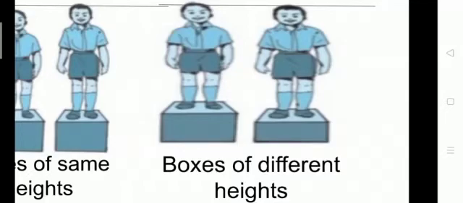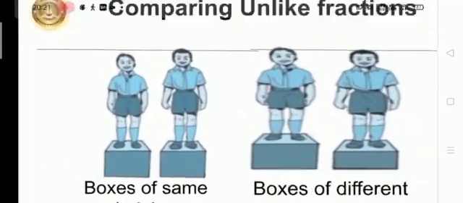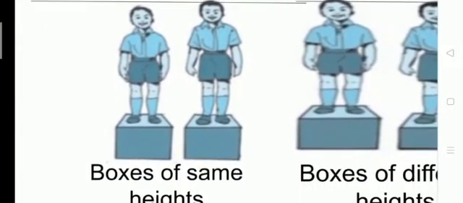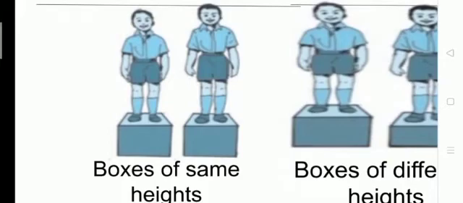Now see this picture that is on the left hand side. In this picture, the boys are on the boxes of same heights. And now to compare their heights is easy. We can see the boy on the right is taller.